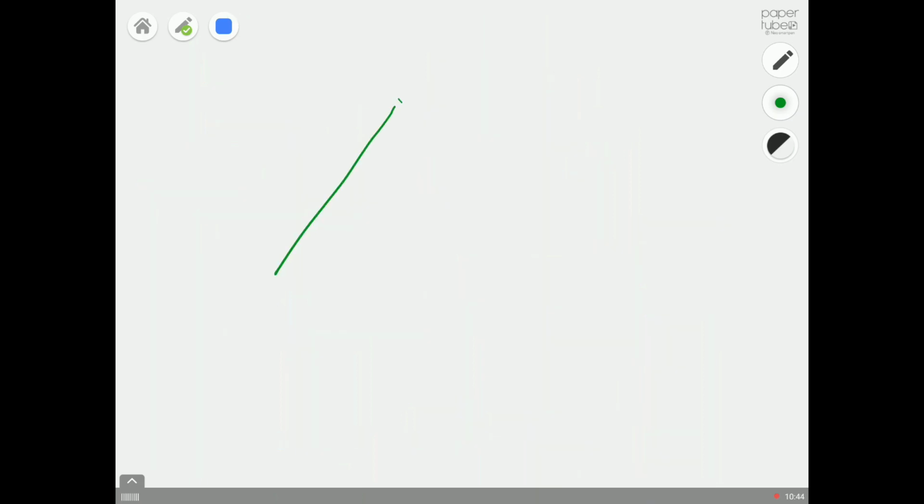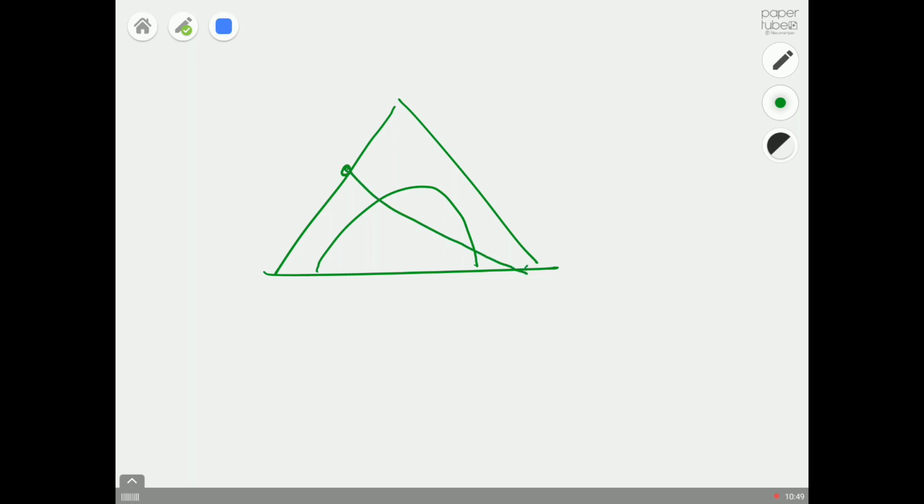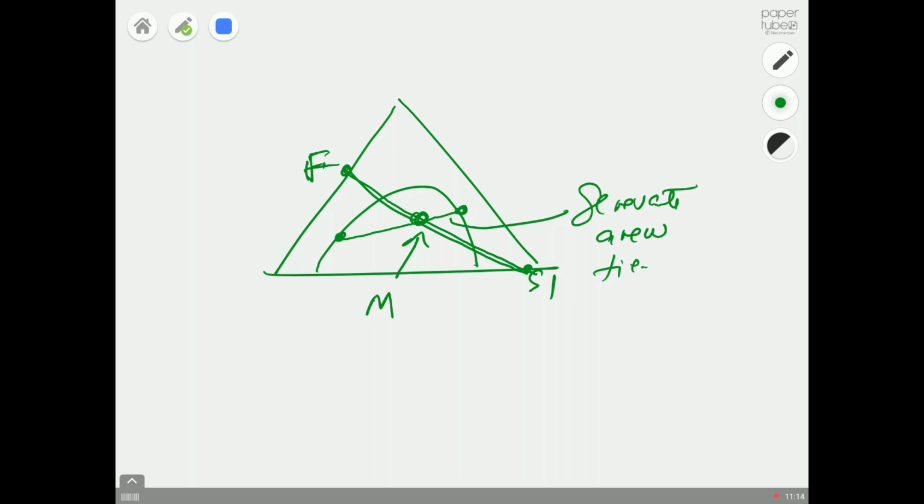We have our feed, we have our S1 line, this is our F, it should be a straight line, sorry, and then we have our mixing point, which is our M. Now we have to draw a correct tie line, so we have to generate a new tie line that passes through this M point.